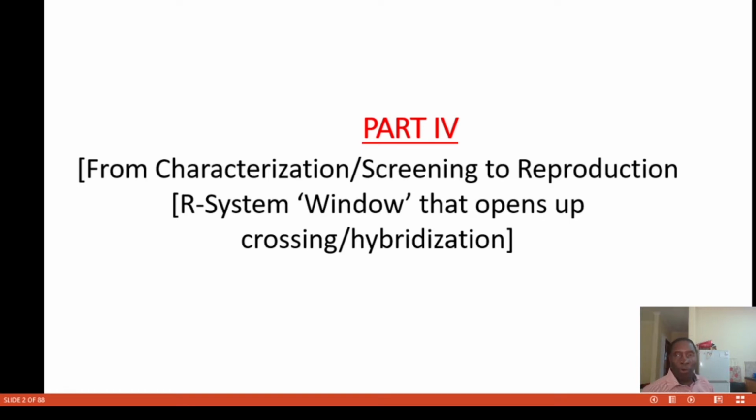So we want to go from that step to the reproduction, and that's what I'm calling the R system window. Remember the ad humor. That window should open up the crossing or the hybridization exercise.